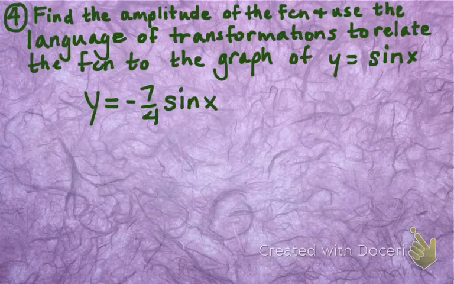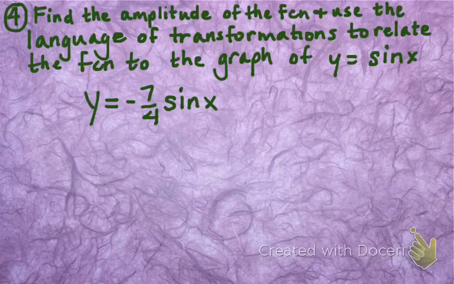On number 4, you're to find the amplitude of the function and then use the language of transformations to relate the function to the graph of y equals sine x. At this point in the semester it should be pretty straightforward, because the only transformations involved are from the negative 7 over 4 coefficient.